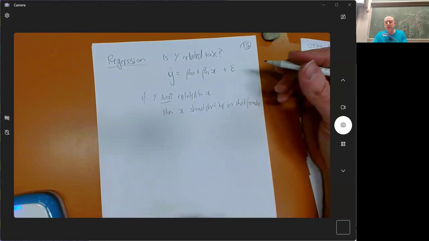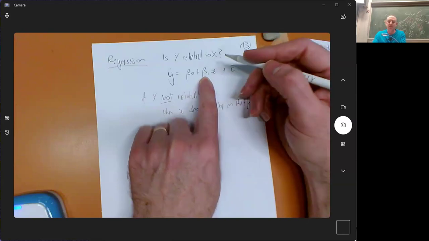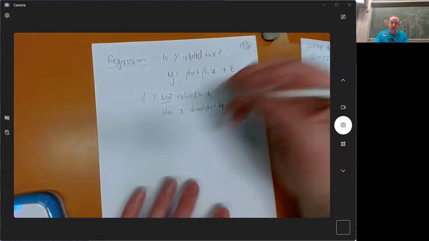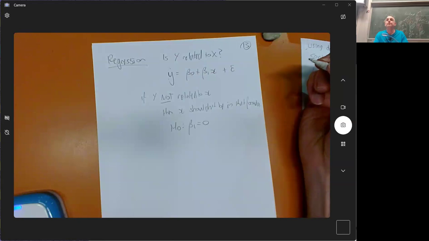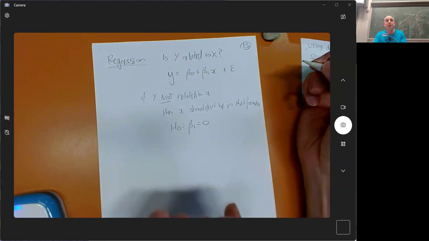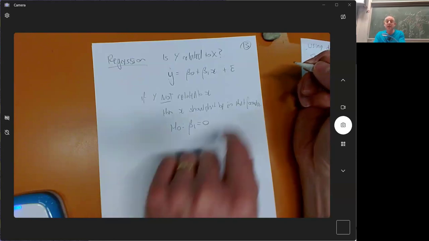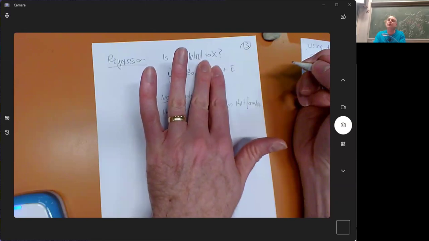And if X isn't in that formula, that means that this number must be 0, because it would be 0 times X, and therefore there will not be an X there after all. So the null hypothesis is that beta 1 is 0. That's why the null hypothesis is what it is in regression. Because if they're not related, this formula shouldn't have an X, and making that 0 will remove the X.